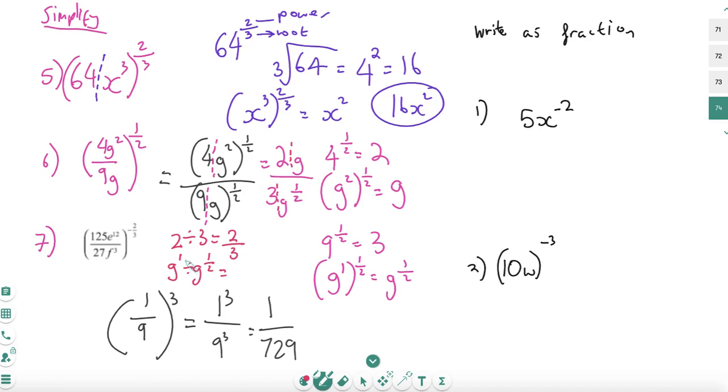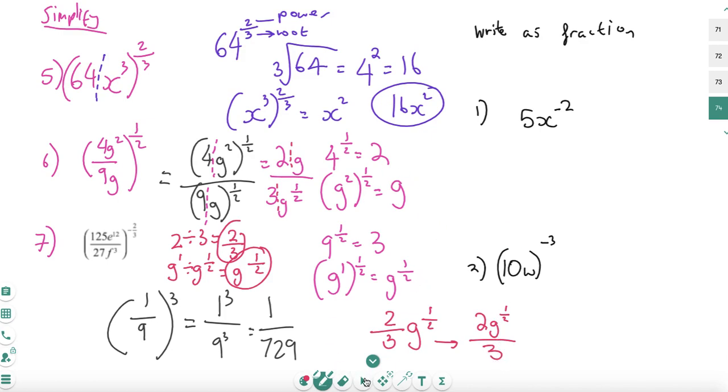Well, division rule is subtract. 1 minus 1/2 is just g to the power of 1/2. Now we just combine these two things together. So our answer is 2/3 g to the power of 1/2. A better way you can write this is g to the power of 1/2 is our numerator. So 2g to the power of 1/2 over 3, just like that.